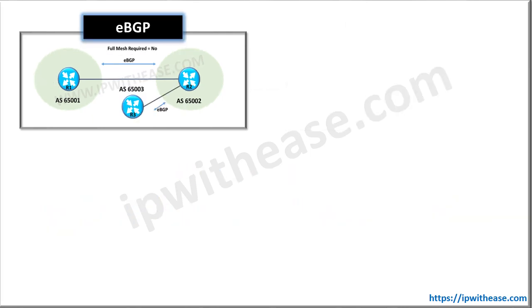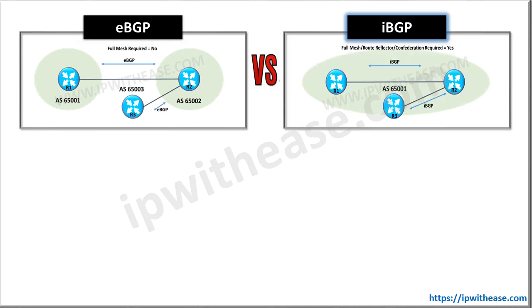In case of eBGP neighborship between R1, R2 and R3, which are in different AS, there is no full mesh requirement. That is, R1, R2 and R3 will be easily able to learn the routes from each other and the routing table will be full. However, when we talk about IBGP neighbors, that is R1, R2 and R3 are in the same AS number, in that case the routing table will not be full and there would be routing information missing in the routers.